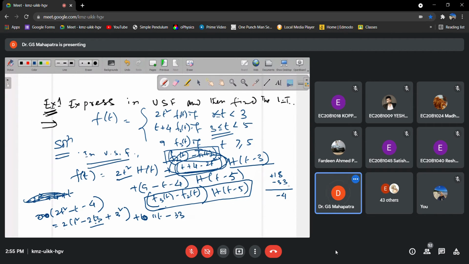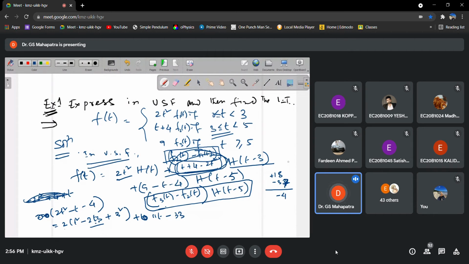So let us check the calculation: what is the extra?